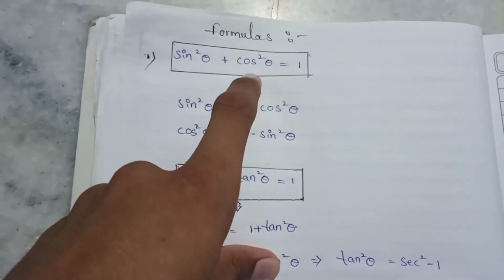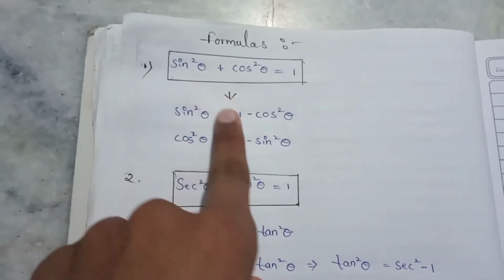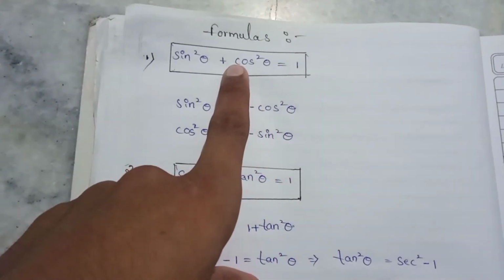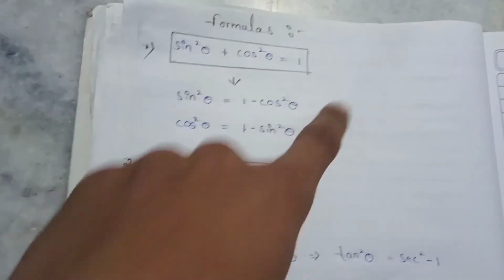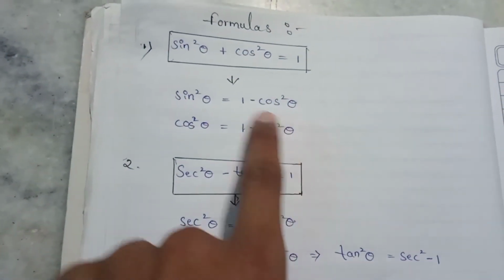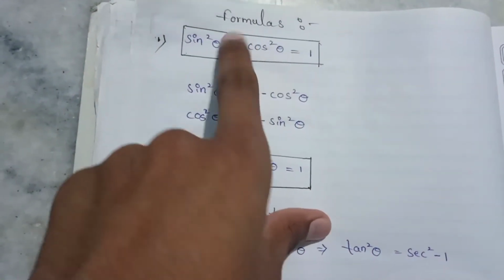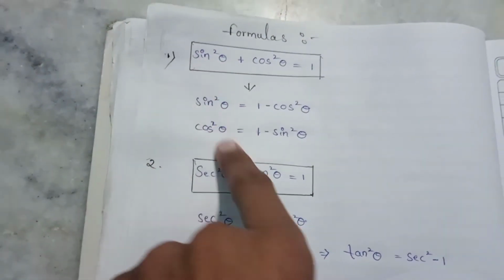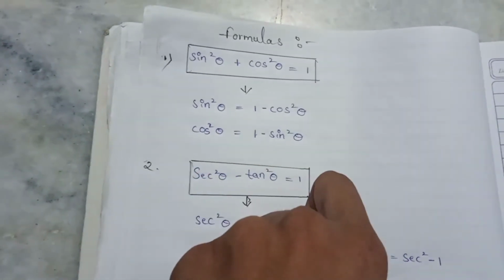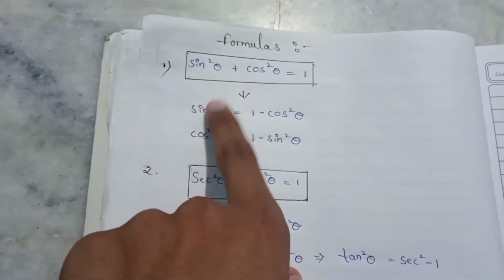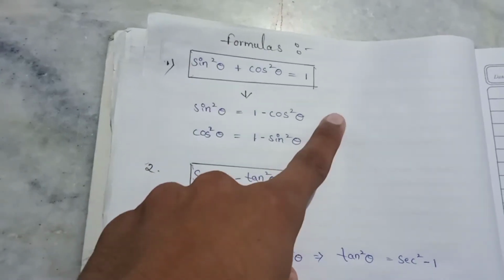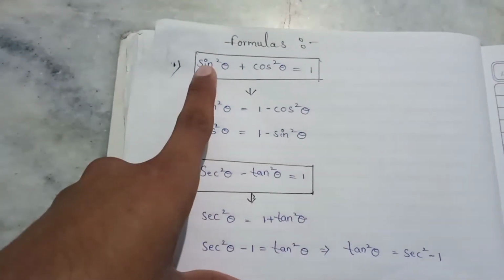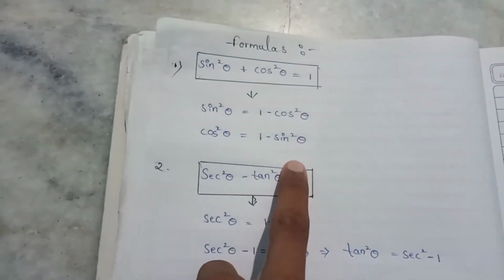Cos square theta is in the form of addition; when we send it to the RHS, it becomes subtraction: sin square theta is equal to 1 minus cos square theta. Next, let us keep cos square theta as it is. When we bring sin square theta to the RHS, it becomes subtraction, because addition becomes subtraction and subtraction becomes addition. Cos square theta is equal to 1 minus sin square theta.